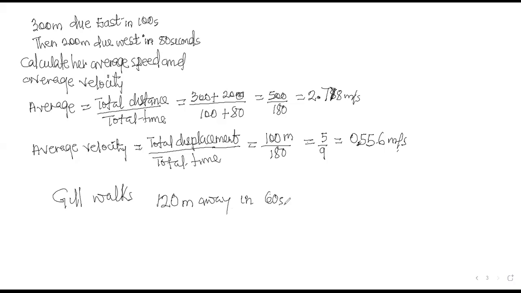After talking to her friend for 30 seconds, she returns home at a constant speed in 40 seconds. Gideon, listen. Jill walks at a constant speed to her friend's house 120 meters away in 60 seconds.